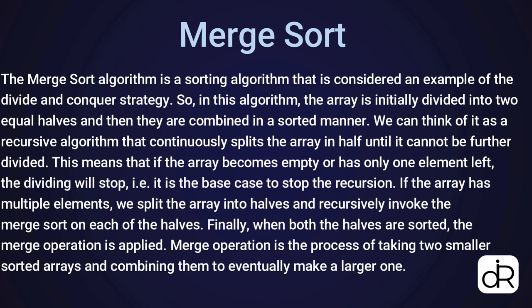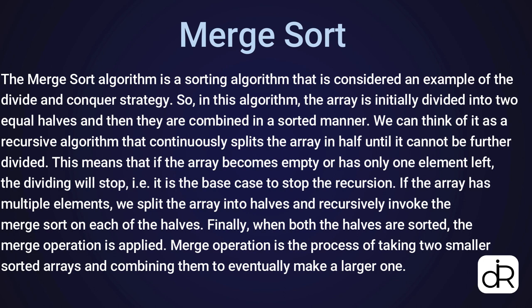Merge sort algorithm is a sorting algorithm that is considered an example of the divide and conquer strategy. In this algorithm, the array is initially divided into two equal halves, and then they are combined in a sorted manner.